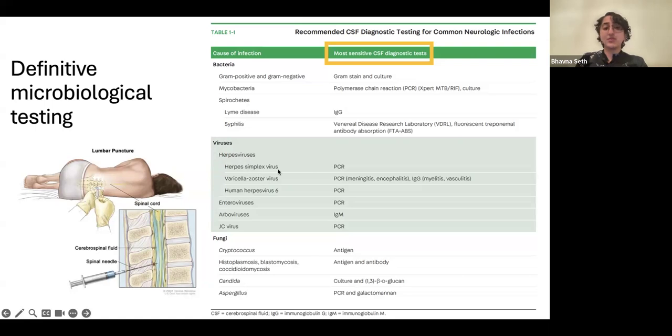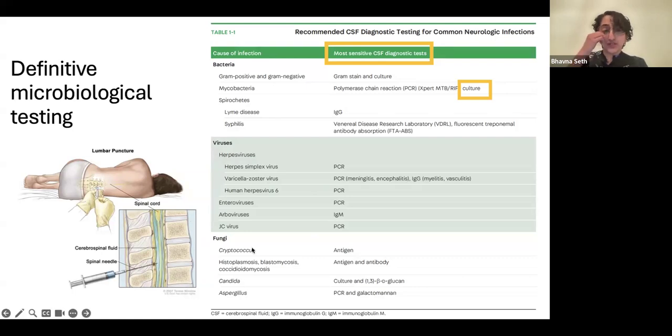Most of the treatable viruses are herpes, so if you're not able to send it, it's helpful to empirically start your patients on acyclovir while you're waiting on the diagnostic tests. In terms of bacterial entities, culture is invaluable, especially as we live in a time now, both for TB and other general bacteria, with a lot of drug resistance. And so in addition to the gram stains, having a culture to help guide your eventual management after your empiric treatment is invaluable.